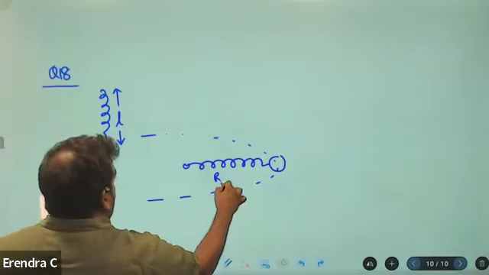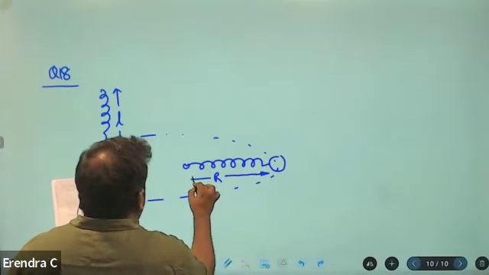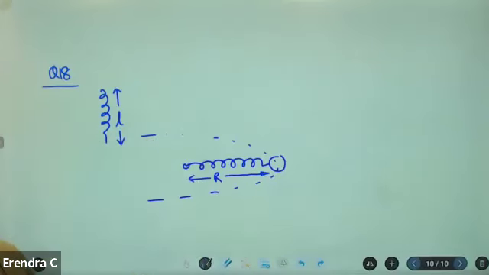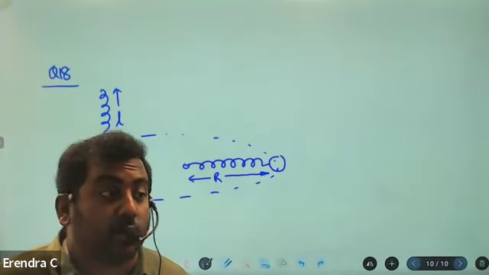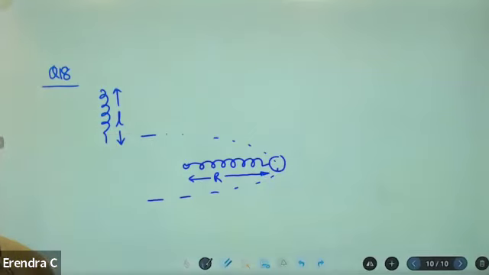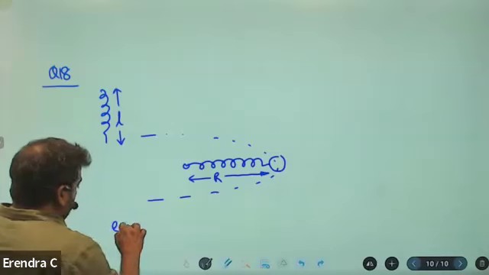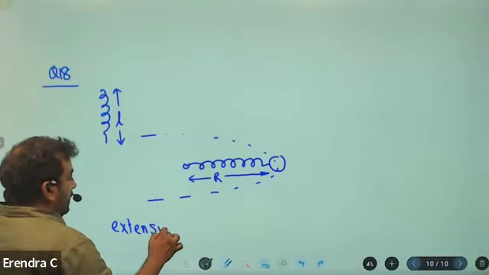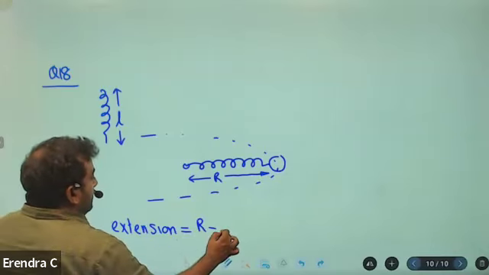Radius R. Think carefully and tell me now. Whenever there is a spring, there is going to be Hooke's law. What is your extension? Extension is going to be radius minus L.